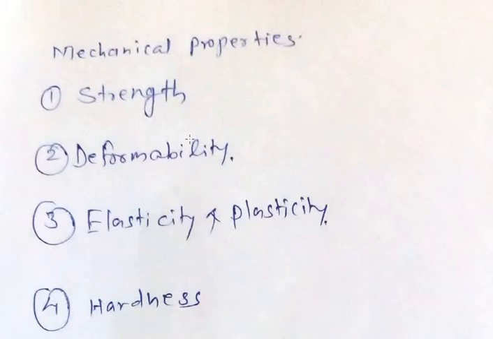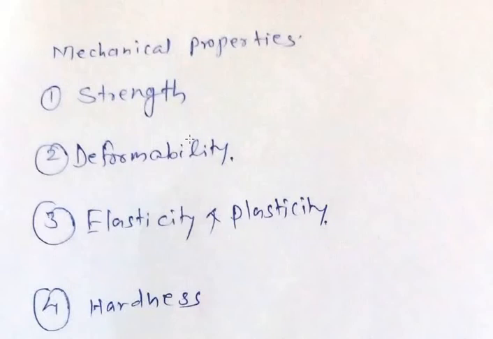Then gabbro, it is a basic plutonic rock, which shows granitic texture, and compressive strength is 1800 to 3000. Then granite, which is an acidic plutonic rock, strength is 1000 to 2500.